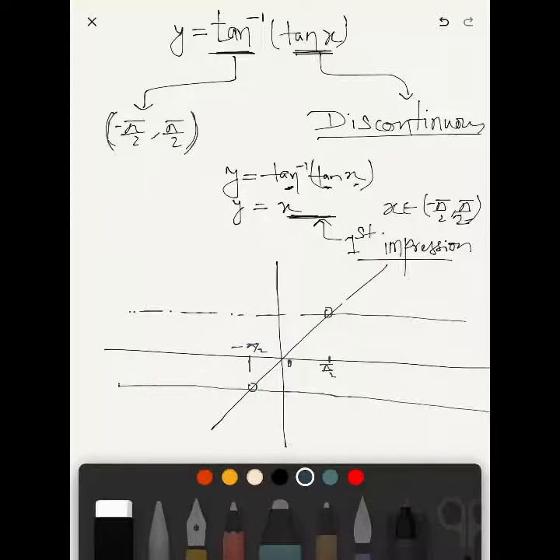What we have to do here, we have to break the graph, isn't it? Now we will not fold the graph, but we will break the graph at which boundary? At pi by 2, isn't it? This is your pi by 2 and this is your minus pi by 2.